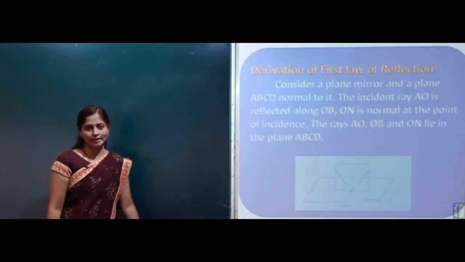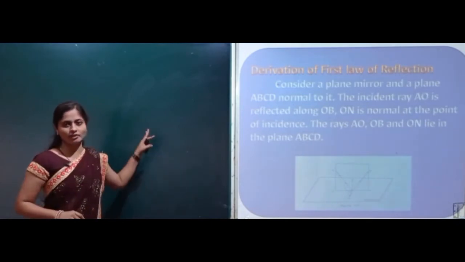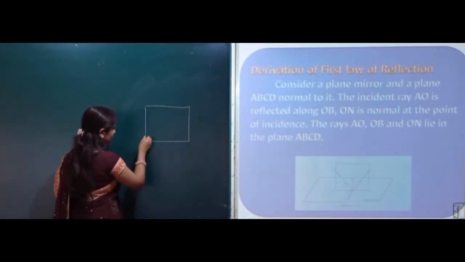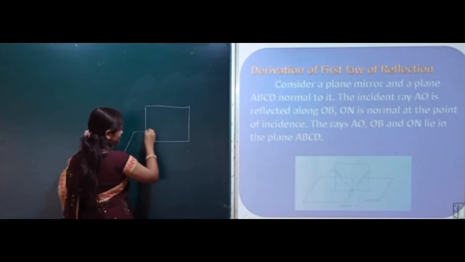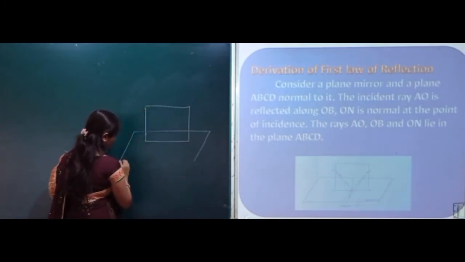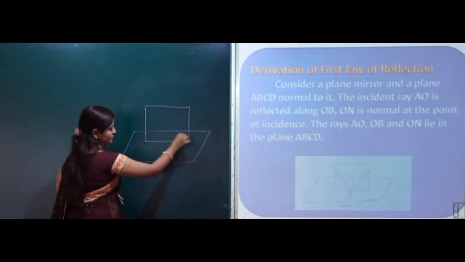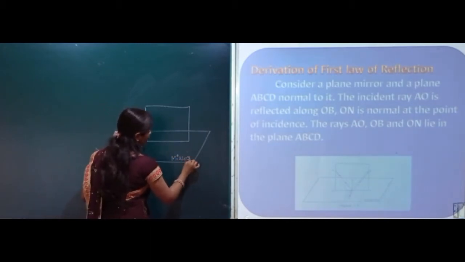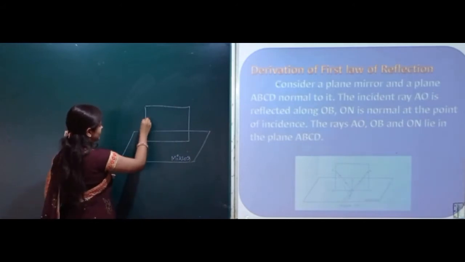Here one diagram is there. First of all, I will draw this diagram. The diagram is like this. This is the mirror, and here one point is there.